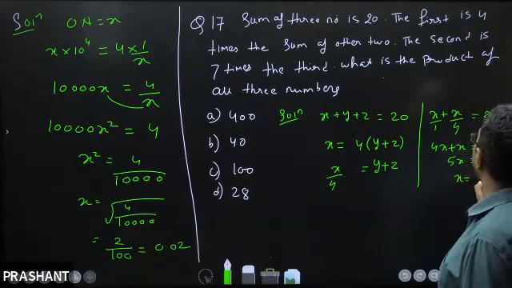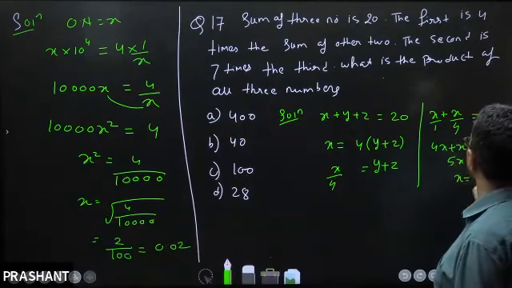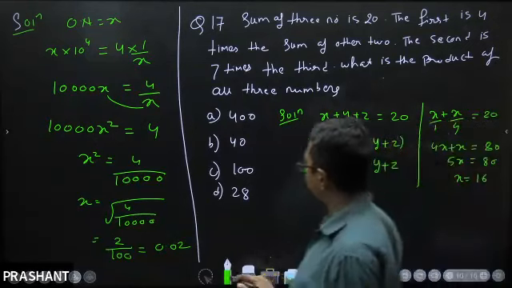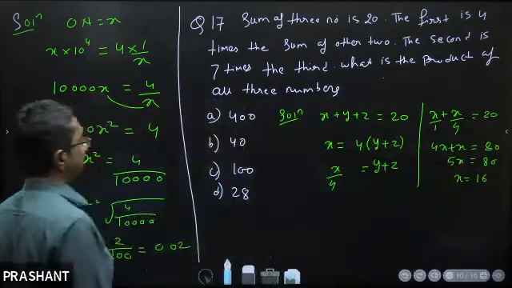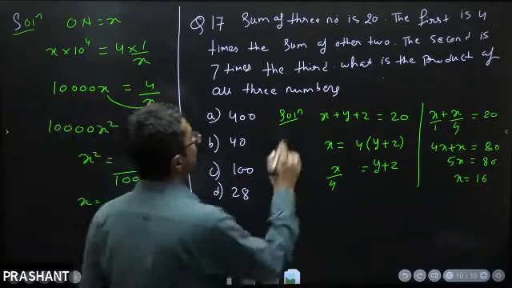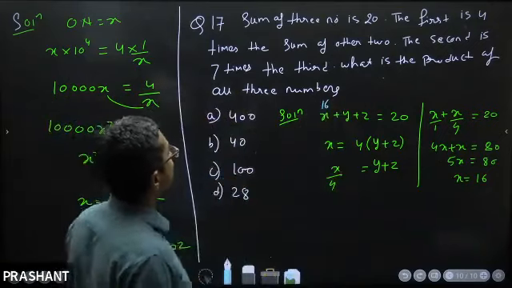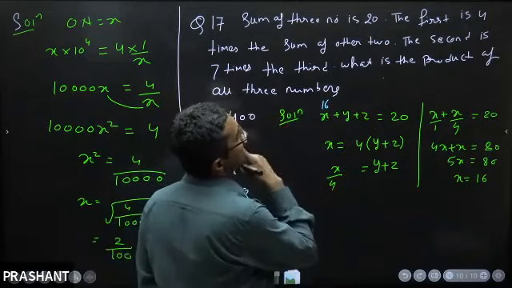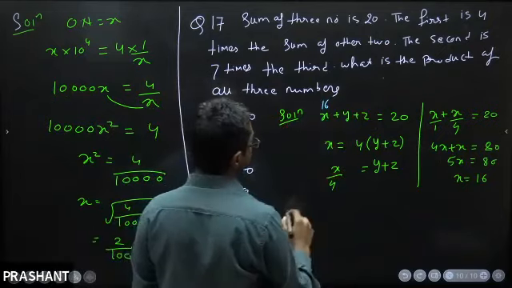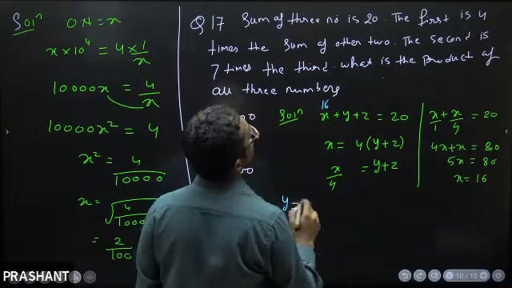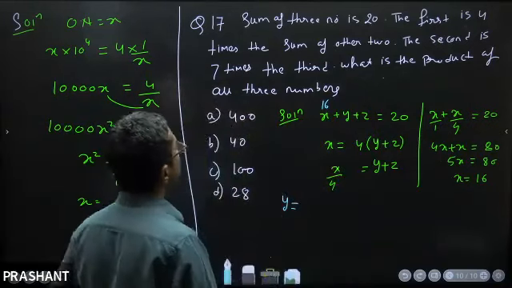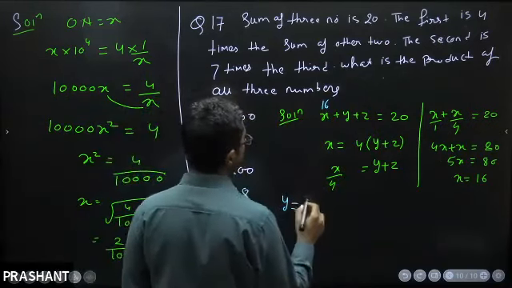So x is equal to 80 by 5, that is 16. So we got one number as 16. Now what is the second number? The second number is y. So y is equal to 7 times the third, that is 7z.